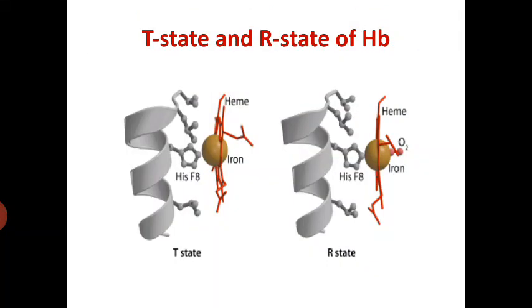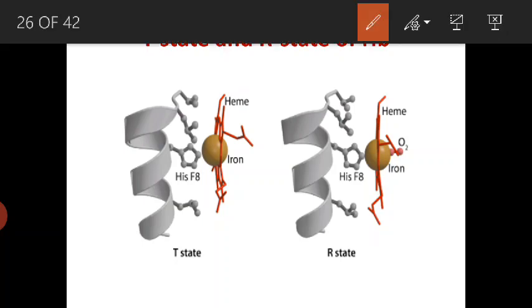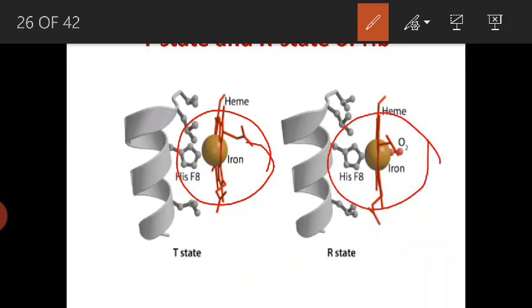So here we can see both the states. In the first one, here iron has no oxygen, it is without oxygen, whereas in the second form, that is R state, iron is bound to one oxygen molecule. So this is R state.